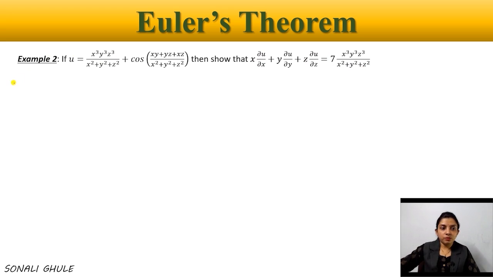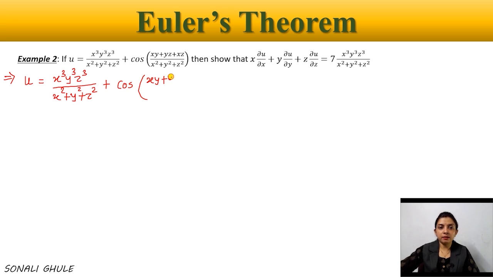So first of all, I am going to check here, u is equal to, write down the given part: x cube y cube z cube upon x square plus y square plus z square, plus cos of (xy plus yz plus xz) upon x square plus y square plus z square.